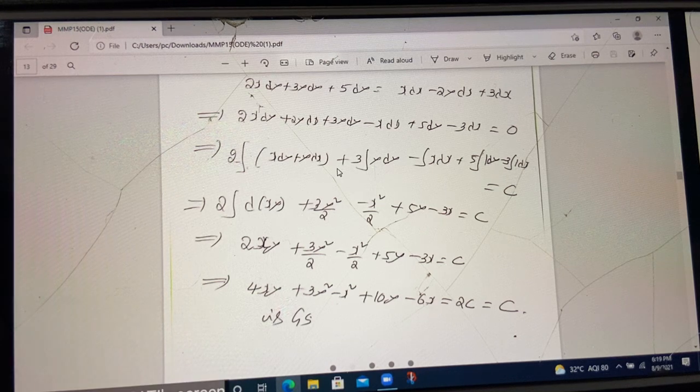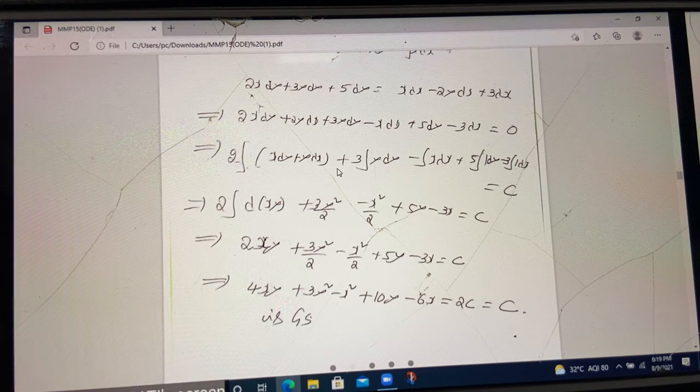You will get such terms only when b equal to minus a1. If b is equal to anything else, you will not get such terms and will not be able to write such d of xy. Definitely when b equal to minus a1, you will get such terms, or you will get the term dy whose coefficient is y. So they are integrable only when b equal to minus a1. D of xy will integrate; integration and differentiation are opposite operators, so they will cancel.